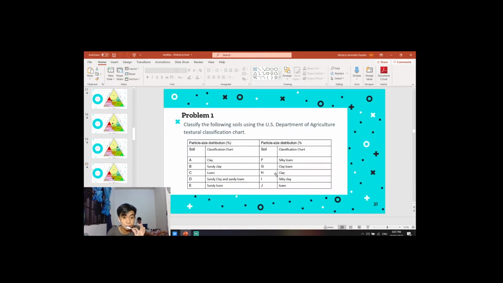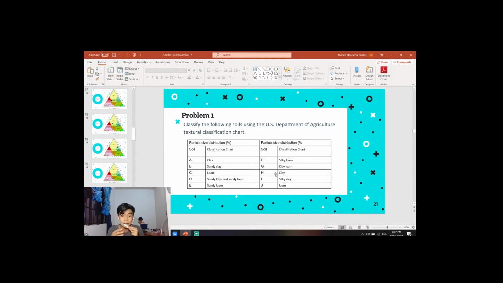So sa problem 1 natin, yung pagkatapos natin classify the following soil using the US Department of Agriculture Textural Classification Chart, nakuha na natin yung result. Yung soil natin na A, B, C, D, E, F, G, H, I, J ay nakita na natin sa classification chart pagkatapos natin i-plot.